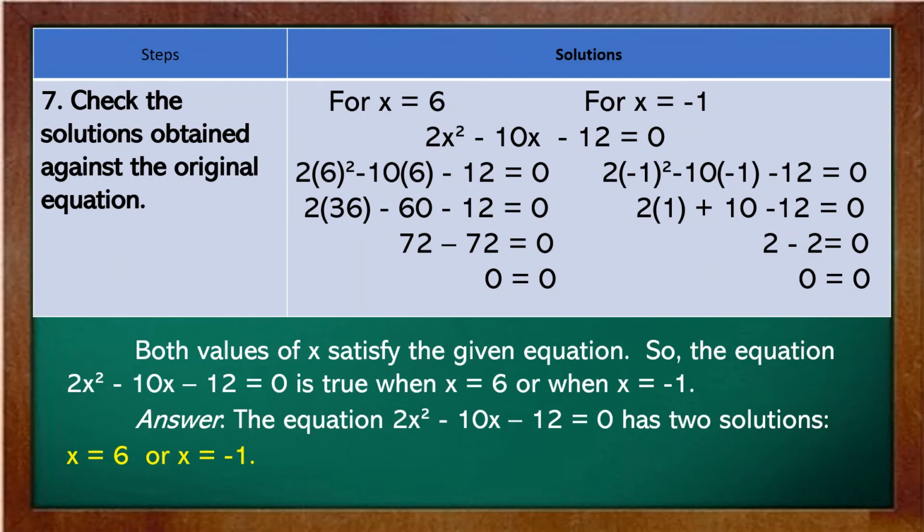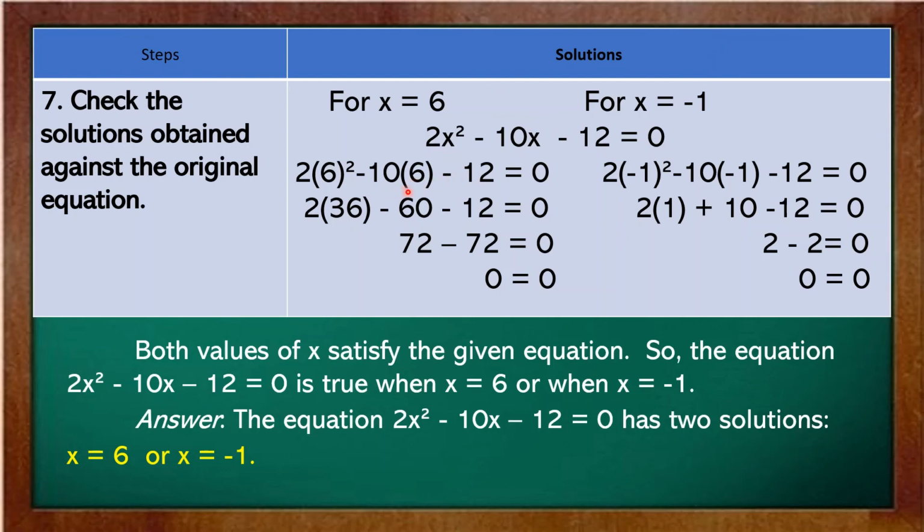Okay guys, to be sure that our solutions are correct, let us check this in our original equation. For x equals 6, so let us substitute this into x. So it becomes 2 times the quantity 6 squared, minus 10, then substitute 6 into x again.